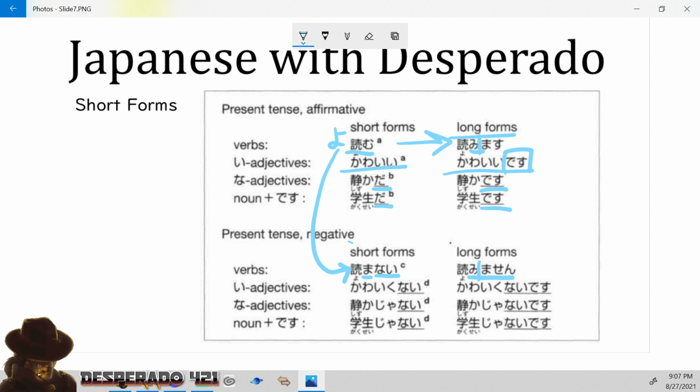And for i-adjectives, you have kawaii here. For i-adjectives, you have to take the last i and switch it to ku, and add nai.